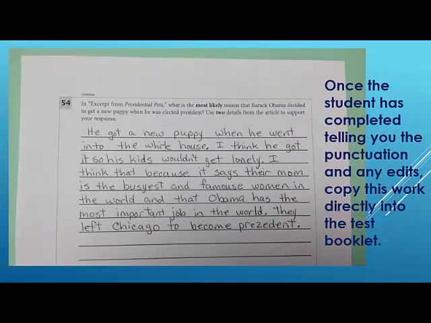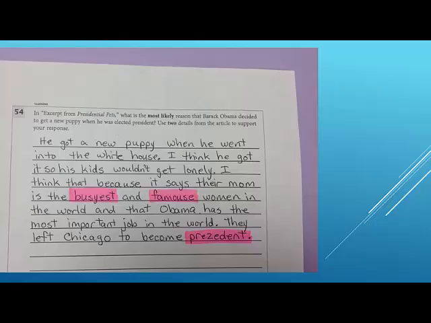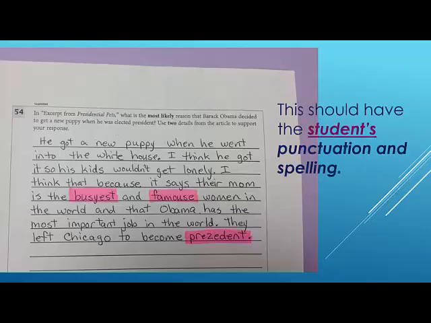Now, once the student has completed all of their edits, adding everything that they would like to, then later you're going to copy that directly into, in this case, the New York State test booklet. And notice that in this case, the 3 words that they misspelled, the misspelling goes into the test booklet exactly as they said.